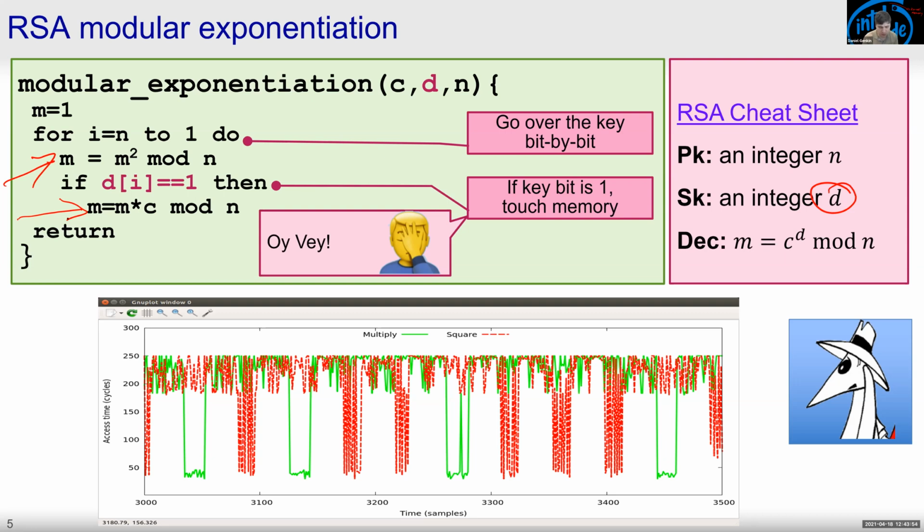Every time the latency drops for the squaring address, why is that? Because you're doing a squaring operation. If you're doing a squaring operation immediately after that, then the key bit is 0. If you're doing a squaring operation followed by a multiplication operation, then the key bit is 1. And you can read out the entire key like that. And that's how ugly it is. Everybody good with this one?